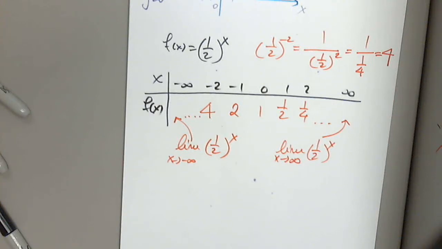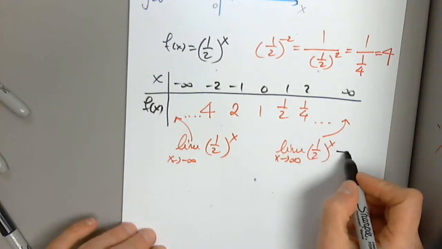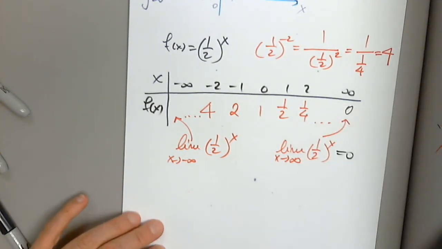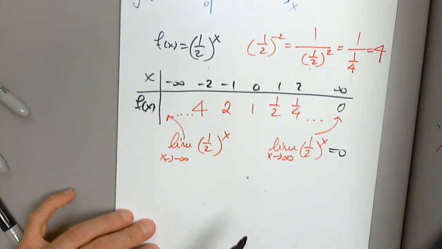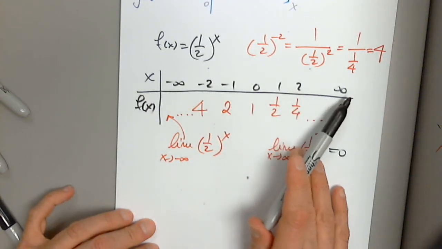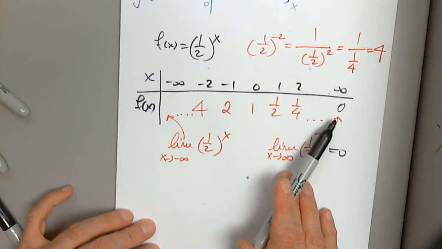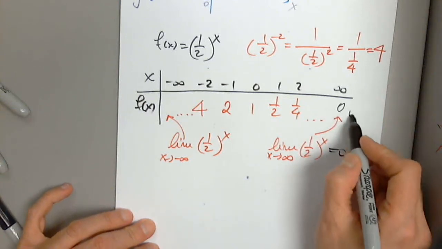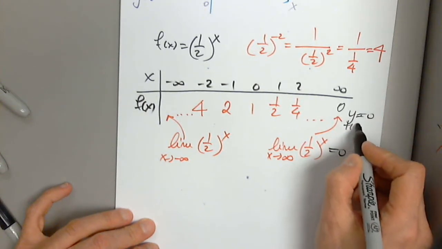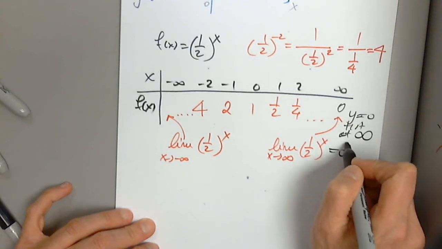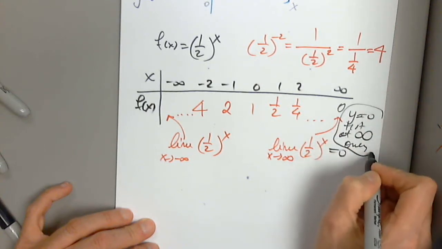So the denominator has 2 to the x. When x approaches infinity, 2 to the x will approach infinity, and then 1 over infinity will approach 0. So this is 0. What does it say about the function? When x approaches infinity, the function values approach 0. Y equals 0, horizontal asymptote at infinity only.